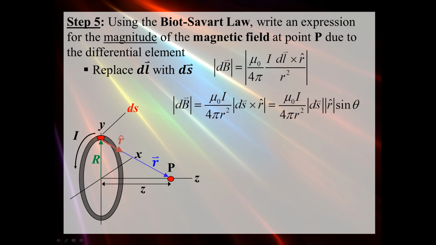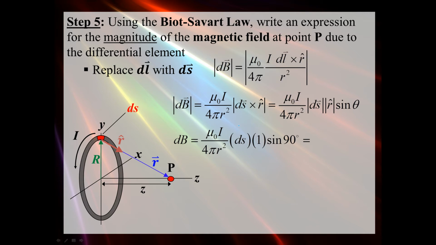So if we expand that out, the magnitude of any vector cross product is going to be the magnitude of the first vector, ds, times the magnitude of the second vector, r hat, multiplied by sine of theta. We can simplify a little bit here because the unit vector r has a magnitude equal to 1, and theta, which is the angle between ds and r, regardless of which differential element you look at, is going to be a 90-degree angle.